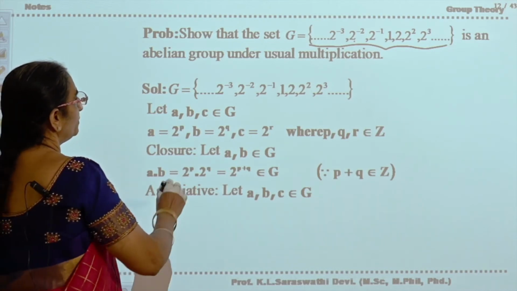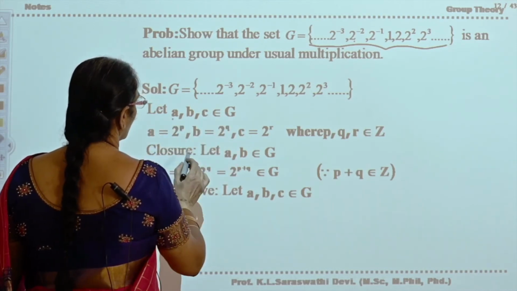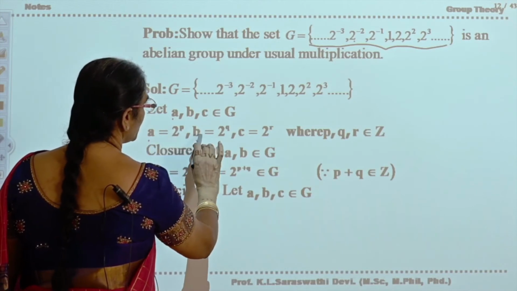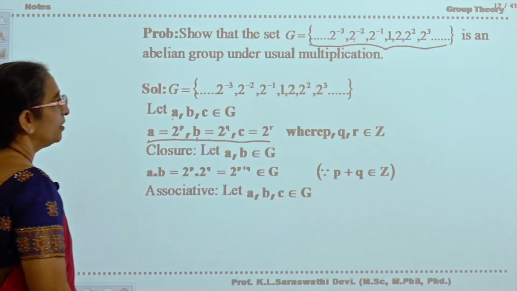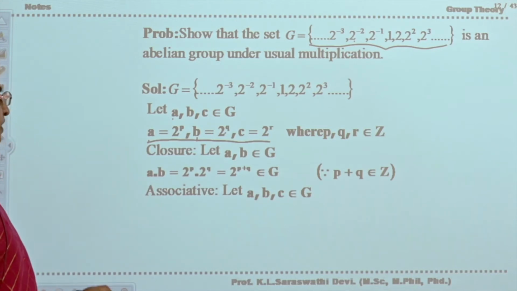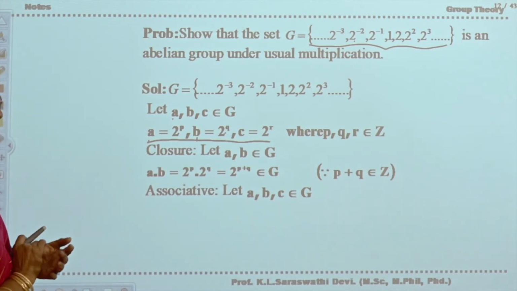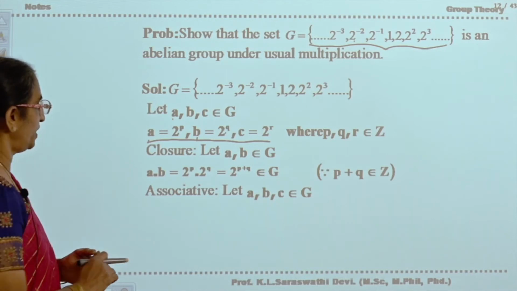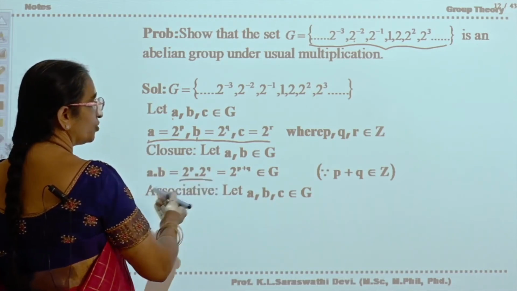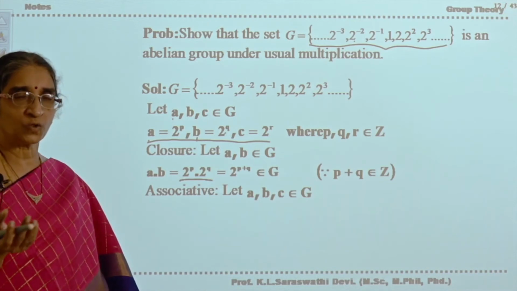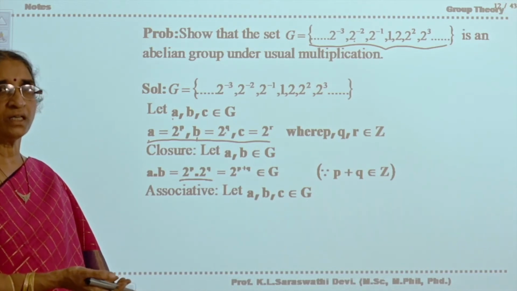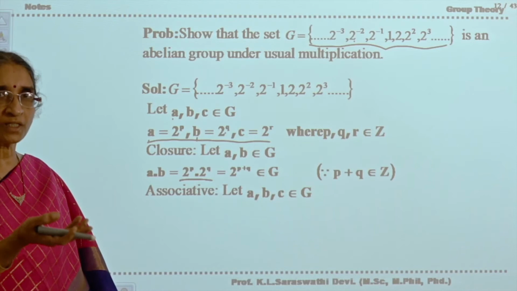Now, first, a, b, c belong to G. In general, you can take a as 2 power p, b as 2 power q, c as 2 power r, where p, q, r are in Z. First verify the closure property. Take a dot b, that is 2 power p into 2 power q, which is nothing but 2 power p plus q. It belongs to G because p is an integer, q is an integer, p plus q is an integer.